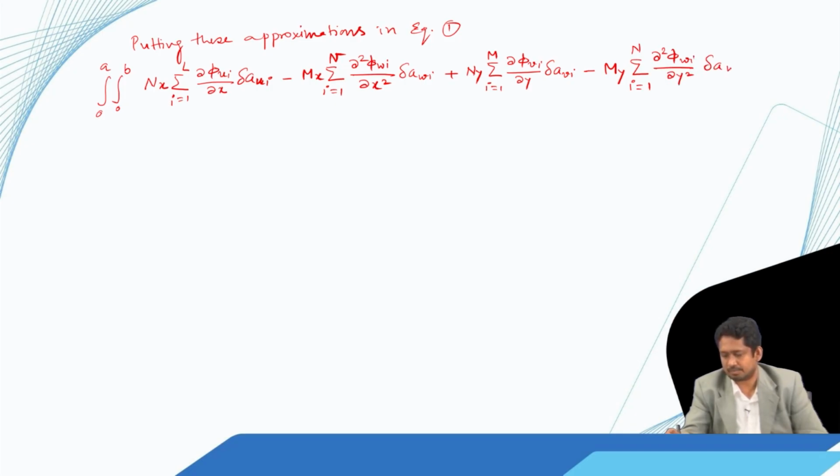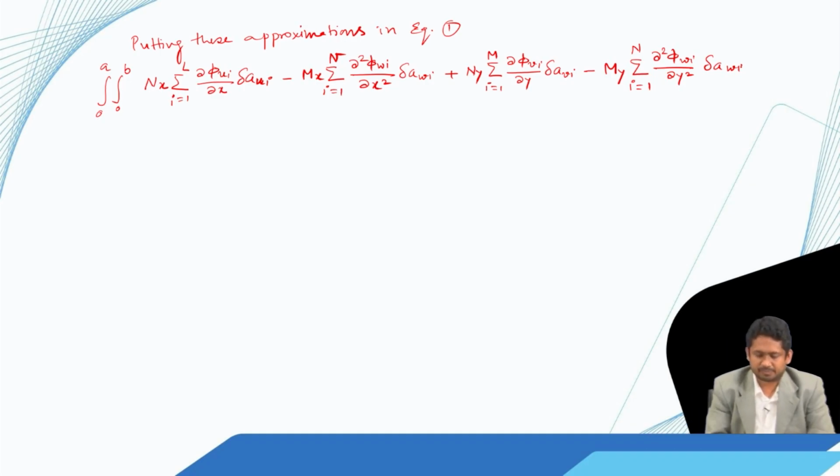into variation of AWI. Now we have NS, the shear. So NS, and this has two terms, del u by del y plus del v by del x. So let us put it in the bracket, I equal to 1 to L. So let us deal with del ui by del y first.